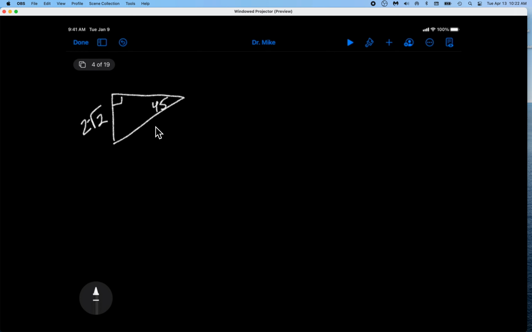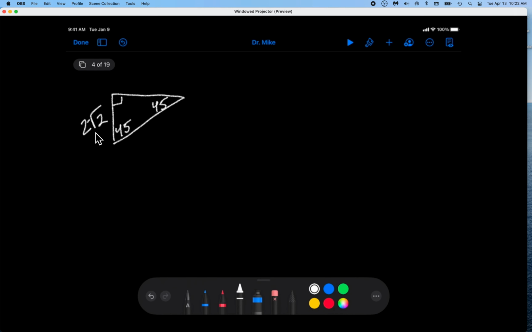Okay, if that's 45, that has to be 45. And if the side opposite the 45 is 2 root 2, then this has to be 2 root 2. The only question is, what is on the side opposite the 90 degrees?